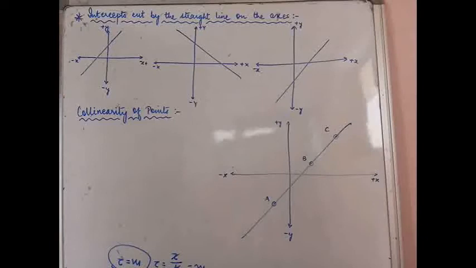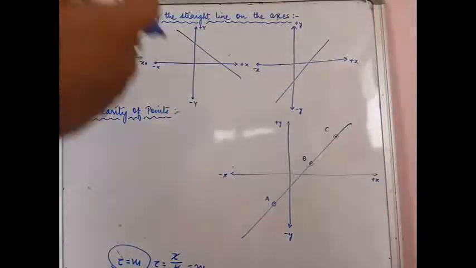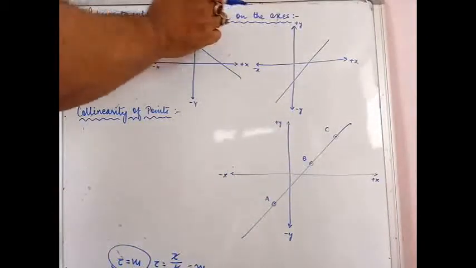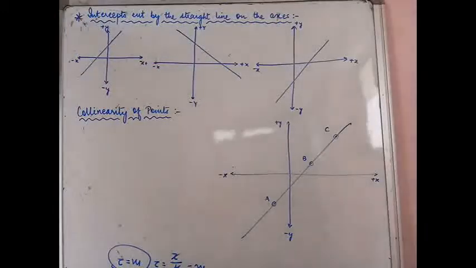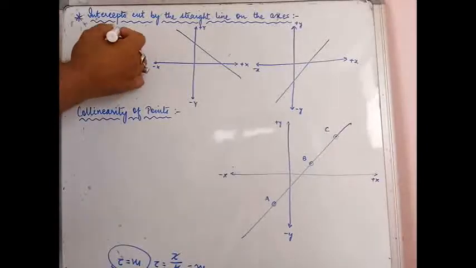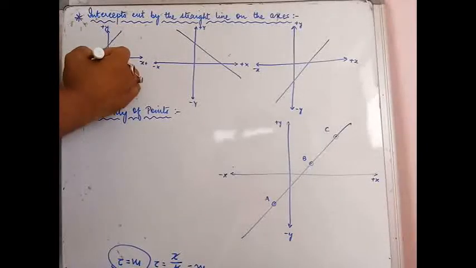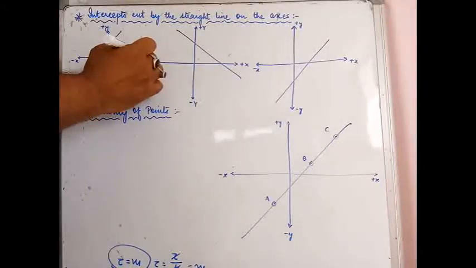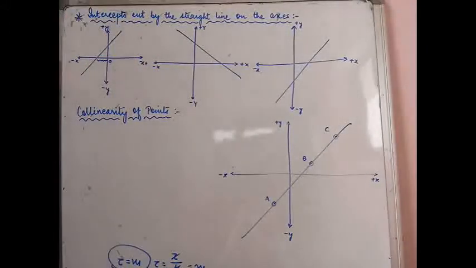Okay, so if we talk about the x-intercept, what does it mean? Now the word intercept means the portion which is cut by the straight line on the axis. Which axis? Suppose I am talking about the x-axis. So this line is cutting a portion of this much. If you can see, this is the origin, and this is the x-axis, this is the line that we are talking about.